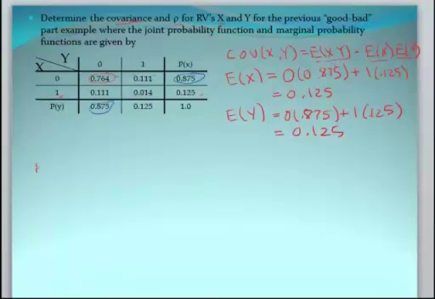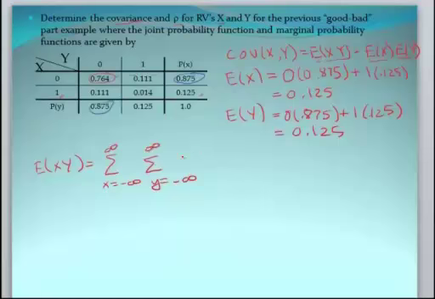Expected value of xy. Well, that is simply the sum over all the x's and over all the y's of x times y, times the probability of x, y.